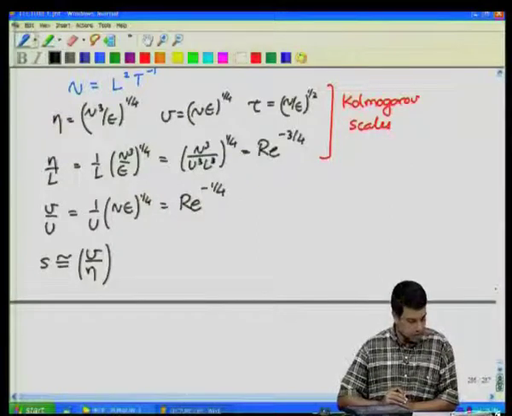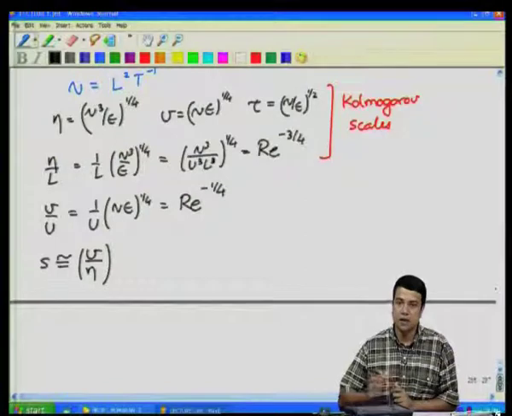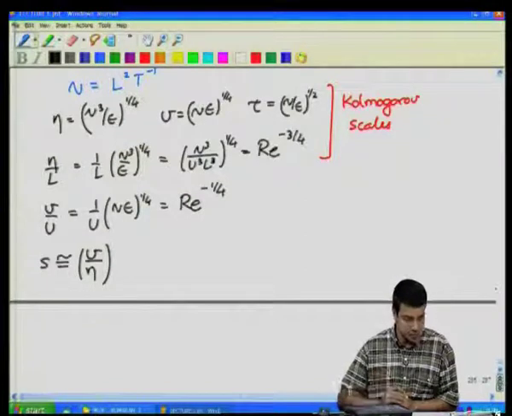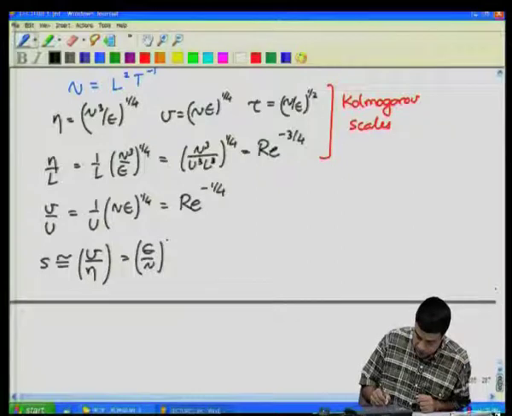There is a scale for the strain rate, that is the gradient of the velocity field at the smallest scales. And if you work this out, this will turn out to be equal to (epsilon by nu) power half.